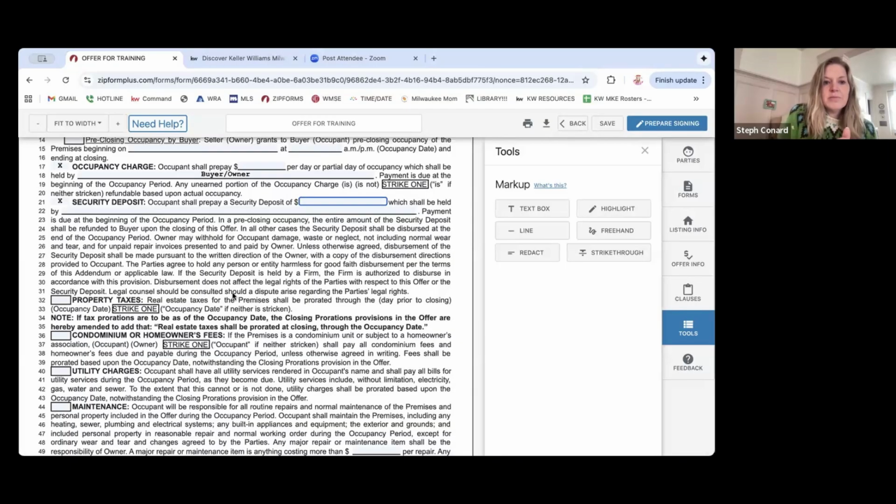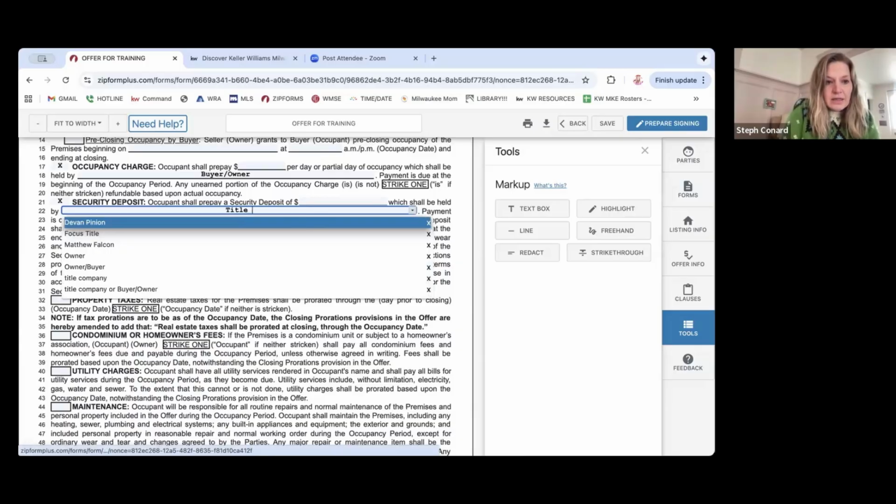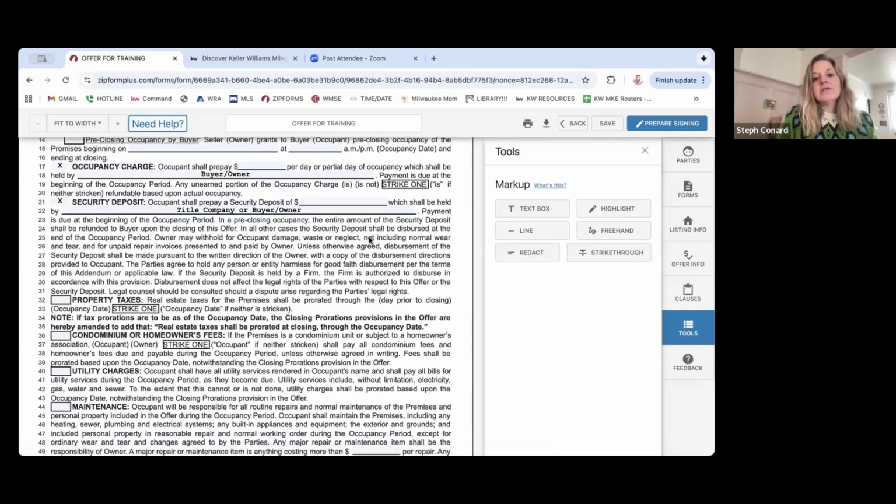Then I do want to make the point here that we as the brokerage are not going to be holding onto security deposits. So if it can be worked out that the title company will hold on to it, great. Or the buyer slash owner will hold on to this and then issue them the security deposit after the occupancy period is over.